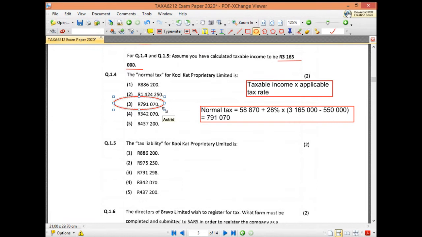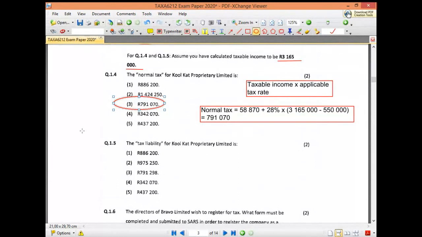Okay, so it's not the very small amount. Your 28% would generally be about, yeah, the 886. So that will give you a better indication if you have to guess which one it is. If you're running out of time, you do it that way. But please, if you have time, just do the calculations and you'll get to the answer. If you don't get to an answer on there, then you've made a mistake.